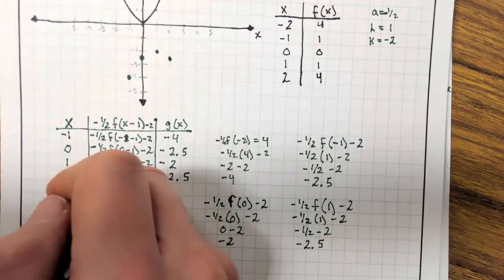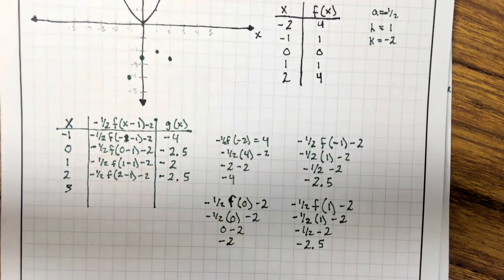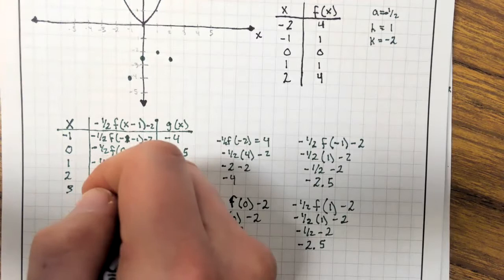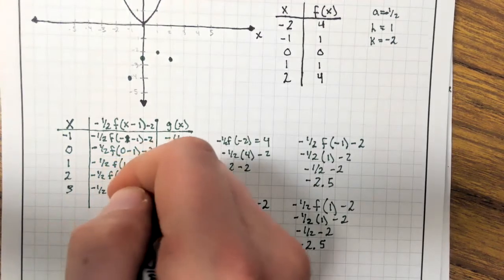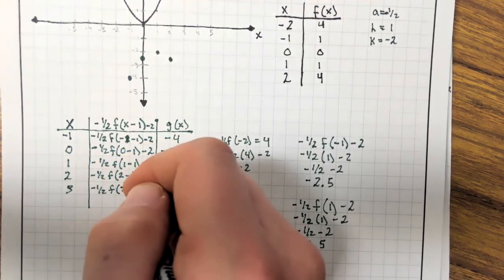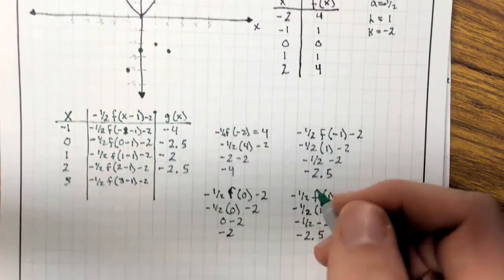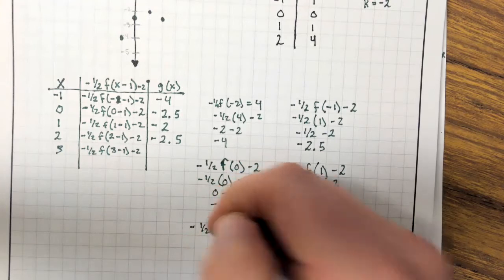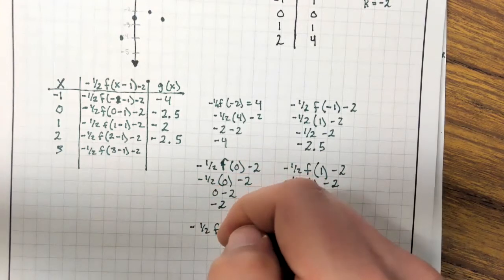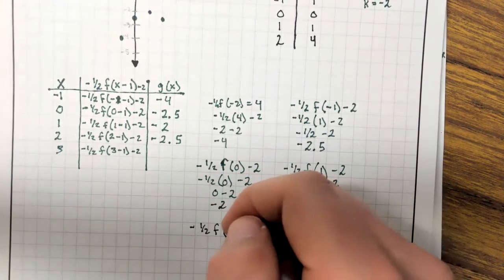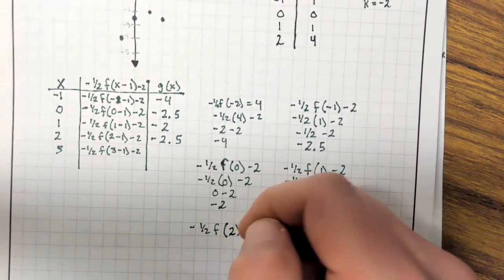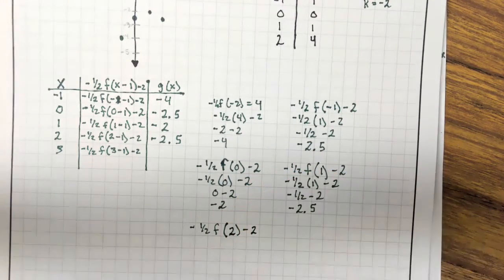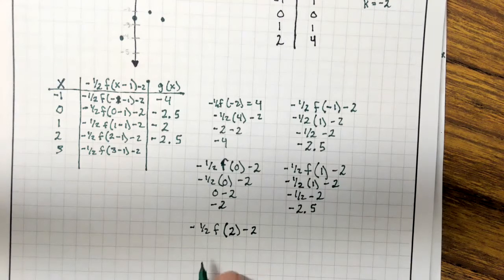Let's do the last point with 3. So I'll do -1/2 times f of 3 minus 1. I'm running out of room here. 3 minus 1 is 2. I'm still subtracting 2, that k value there. Keep on working.